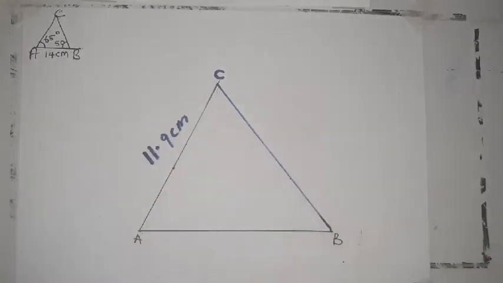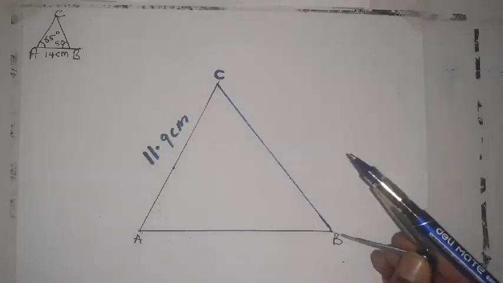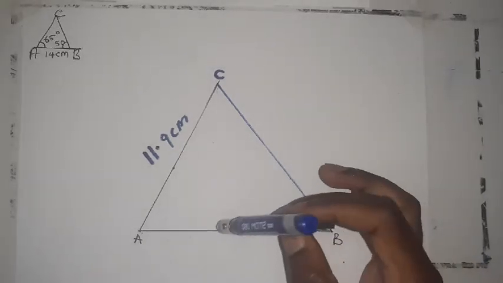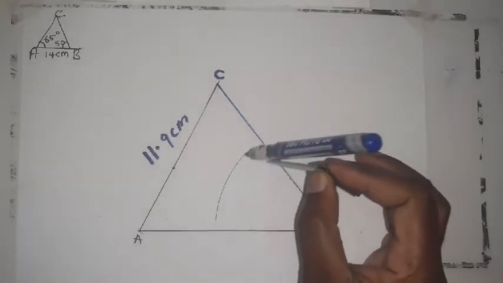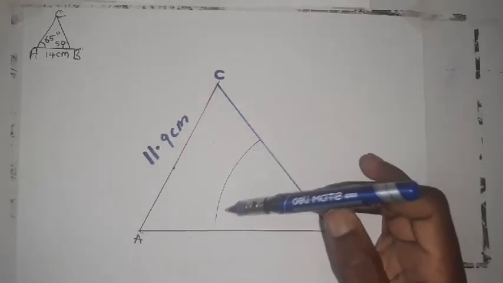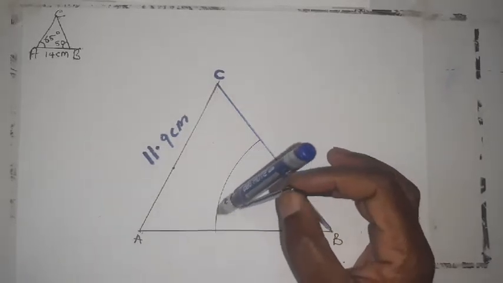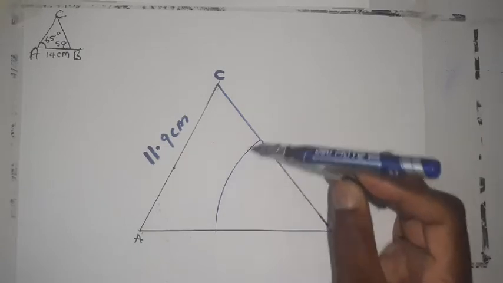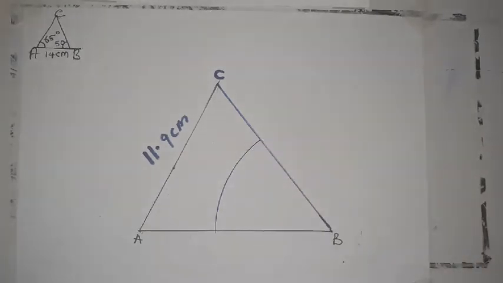Then we are told that within the triangle, so I'm going to put this in my center. Then within the triangle, we draw. Take note, this is 8.5 centimeters from B, within the triangle. Hope you are following.